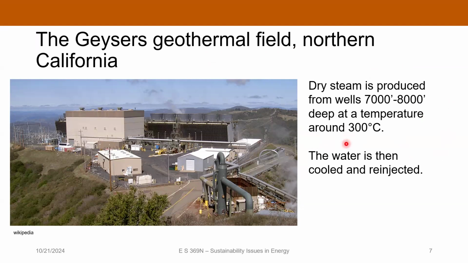And what they do with their wastewater is they just re-inject it. So the idea there is that they're trying to use this almost as a closed loop system where they send the water back down to extract heat, and then it comes back. There's one problem with doing this, which is that injecting cold, and I'm going to say quote unquote cold, water.